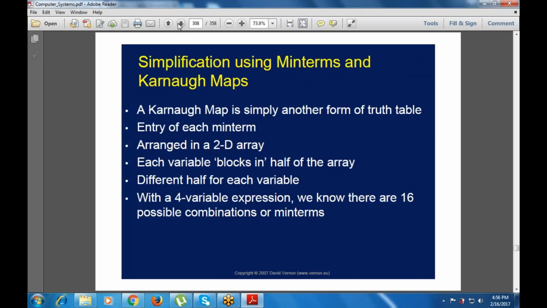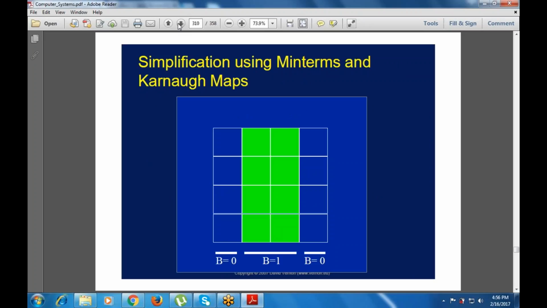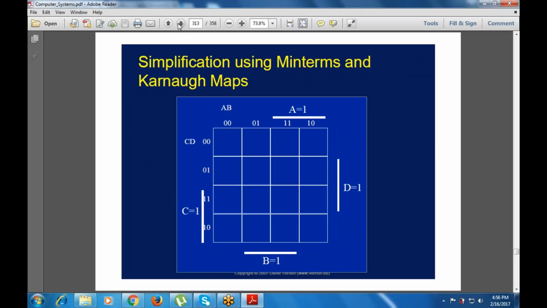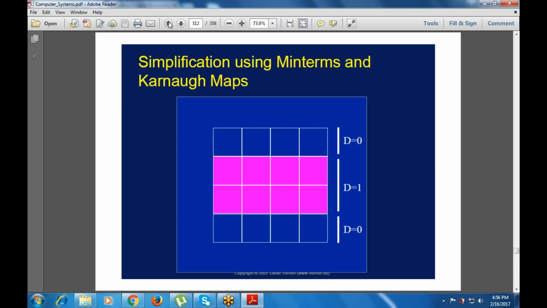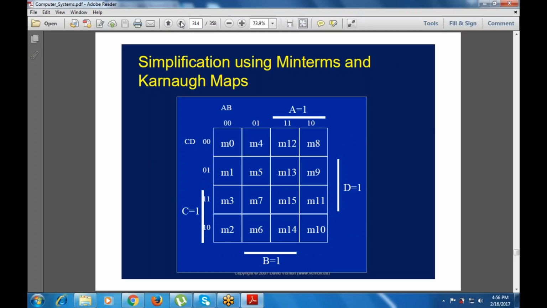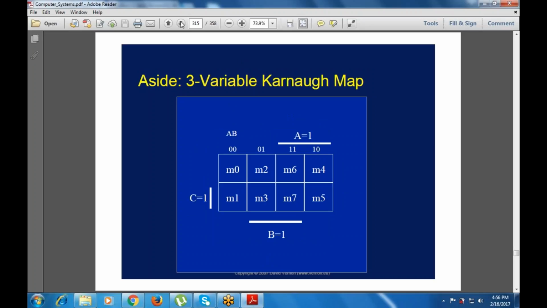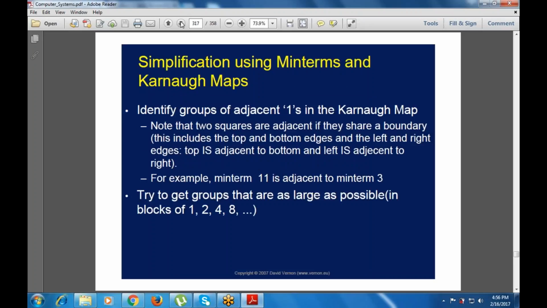Then this is a simplification using the min terms and the K maps, Karnaugh maps. This is t equals 0, t equals 1, and again t equals 0.